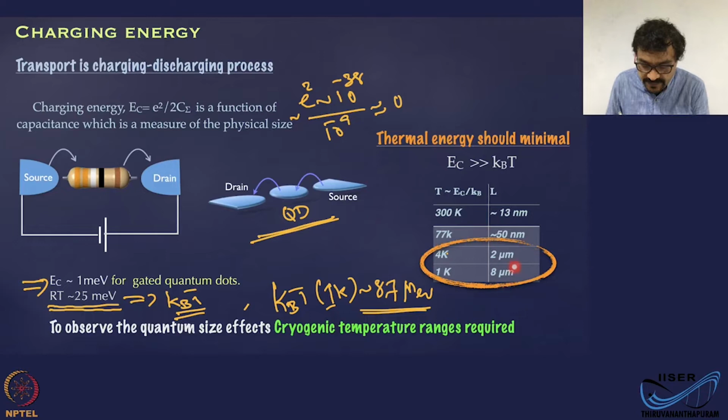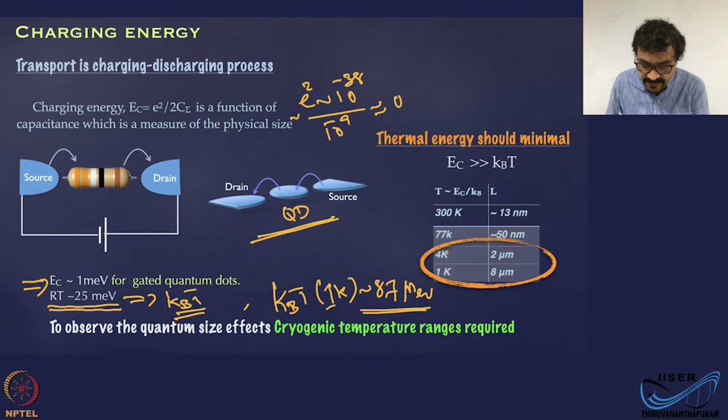These numbers are based on just the physical size and the capacitance that we calculate from the physical size. But you have to take this capacitance calculation with a pinch of salt, because you are always going to attach some leads, which can actually increase its capacitance. So these sizes also will get adjusted accordingly. But this is purely based on the self-capacitance of completely isolated bodies, in the shape of a sphere.